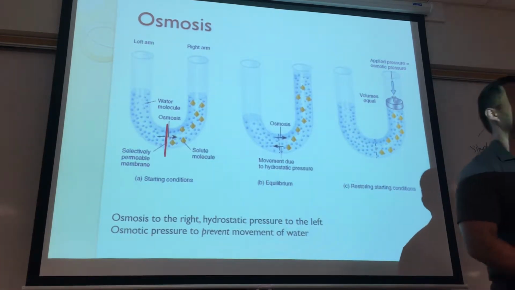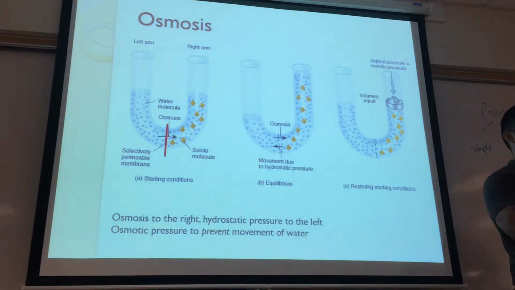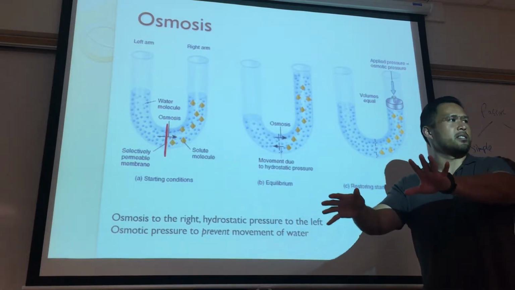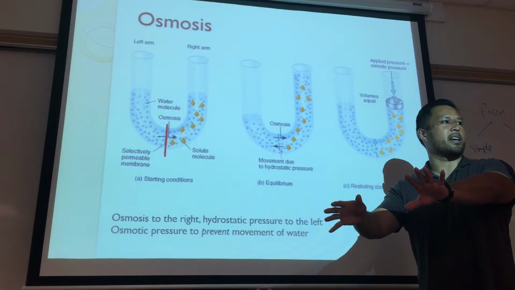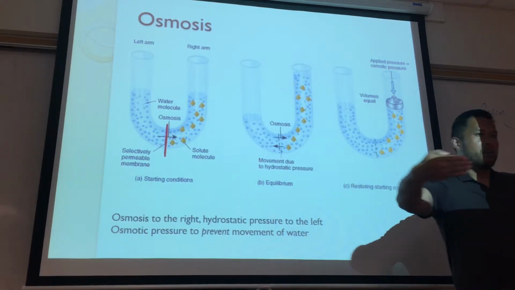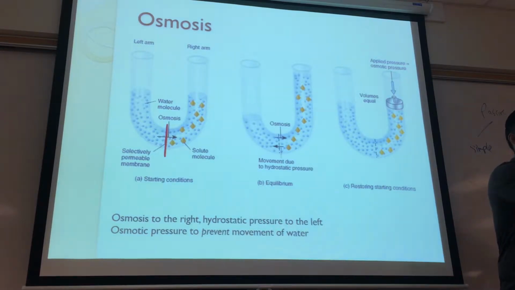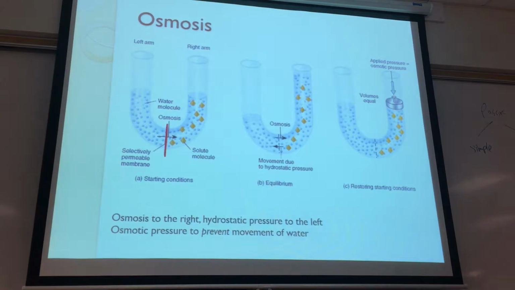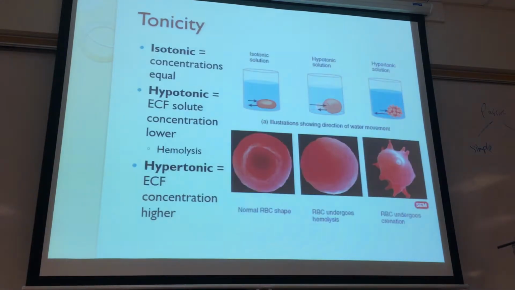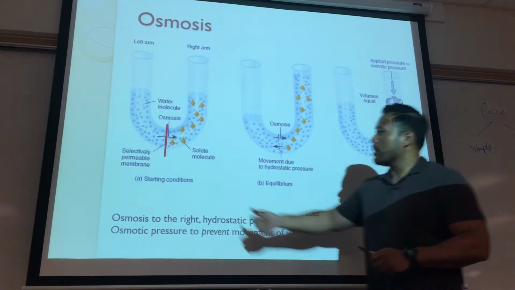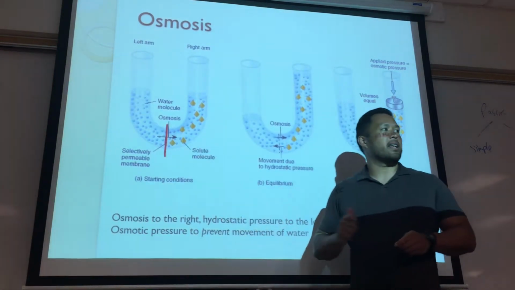Meaning, if I had a salty concentration on this side, and a non-salty concentration on this side, meaning all salt on this side, the direction of water would be moving in this direction to balance out the concentrations. And this concept we'll talk about on the next slide called tonicity, which I'll get into in just a bit. So the idea is that water wants to move to balance it out.